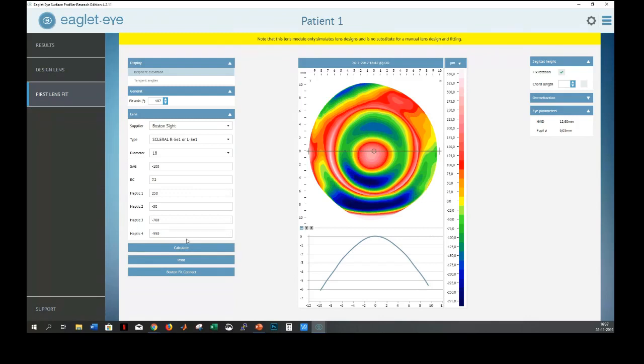On the bottom, 700 microns steeper. Well, that makes sense because we see this blue area, which means this is depressed. So it's a steep area. So the final lens can use a much steeper landing zone to have a better centration. And for haptic 4, go 450 microns steeper.